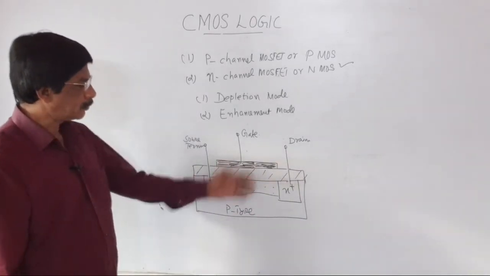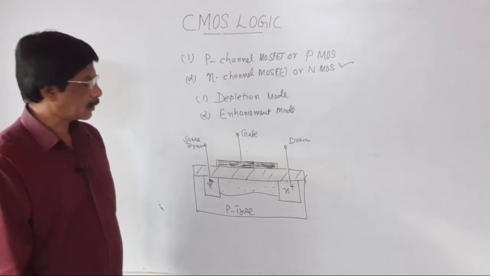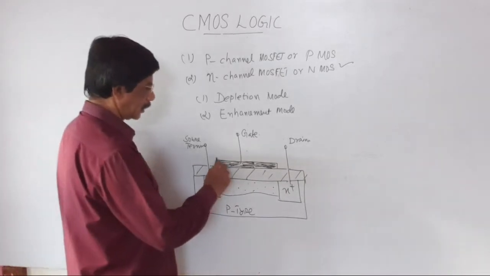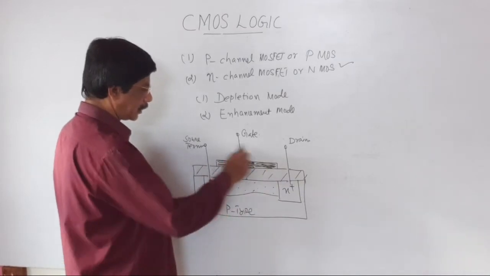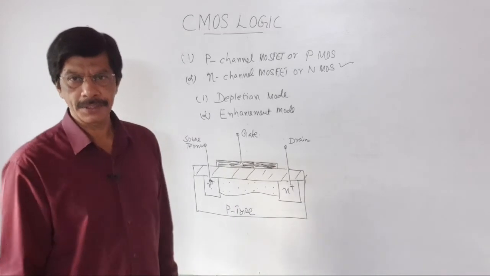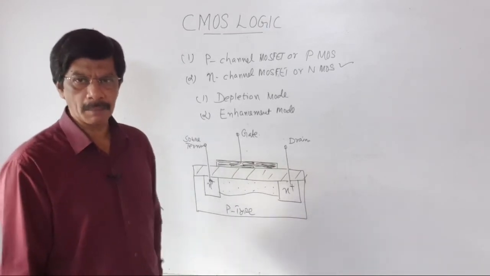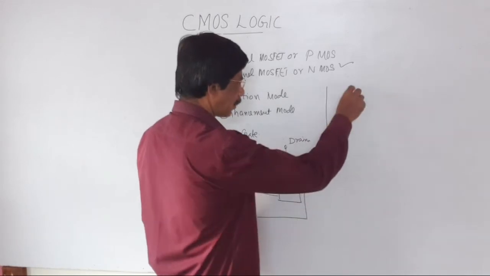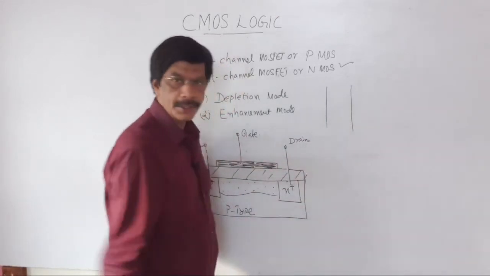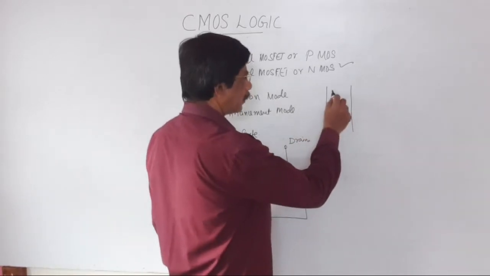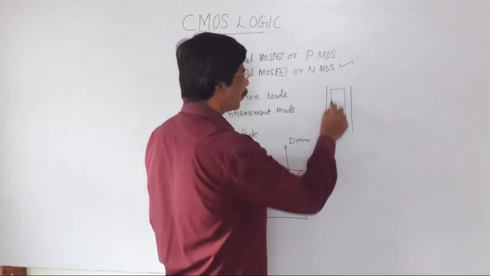The beauty of this construction is that the central channel region acts as a parallel plate capacitance. How? The parallel plate capacitor consists of two parallel plates. In between the two parallel plates, there is an insulating medium.